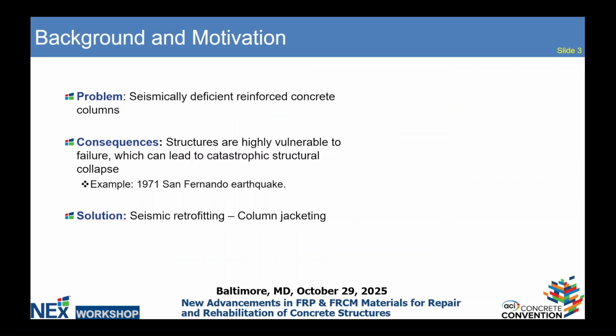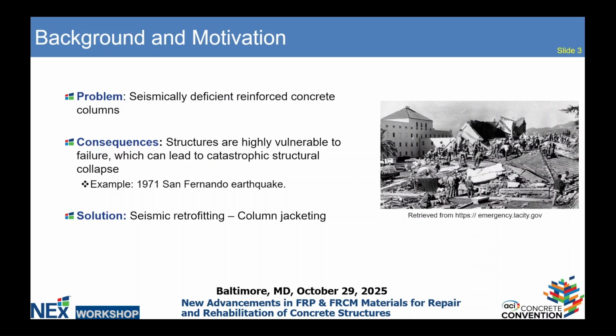So the problem that we're trying to tackle here is that old concrete structures that were designed as per old design codes have deficiencies in their seismic performance. Therefore this represents a vulnerability to failure and could lead to a catastrophic event.